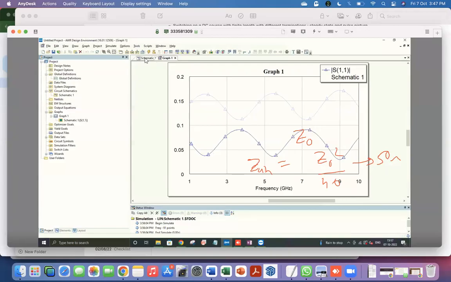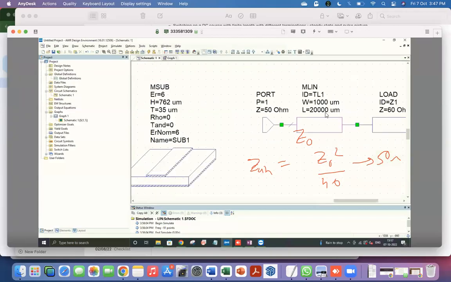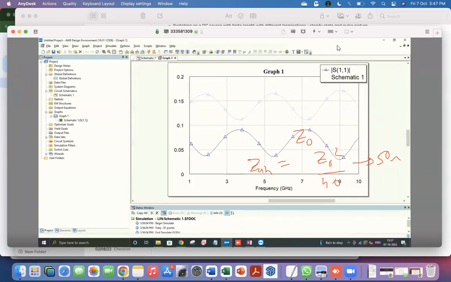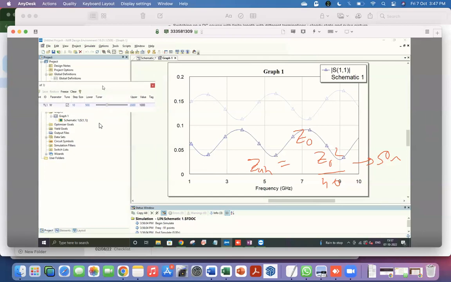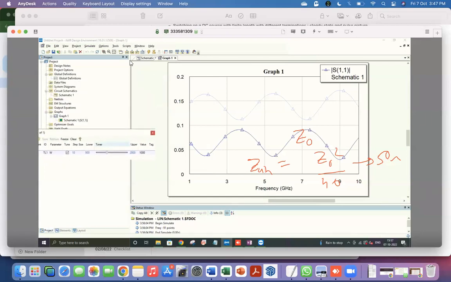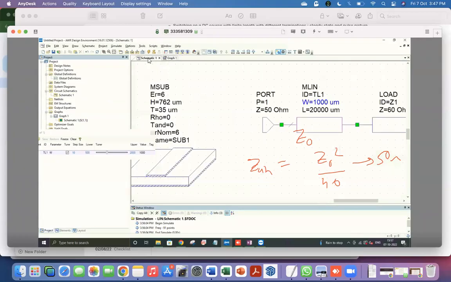Okay. Now, if I tune this, let's put this on a tuner, I'm matching to 60 ohms now, right?